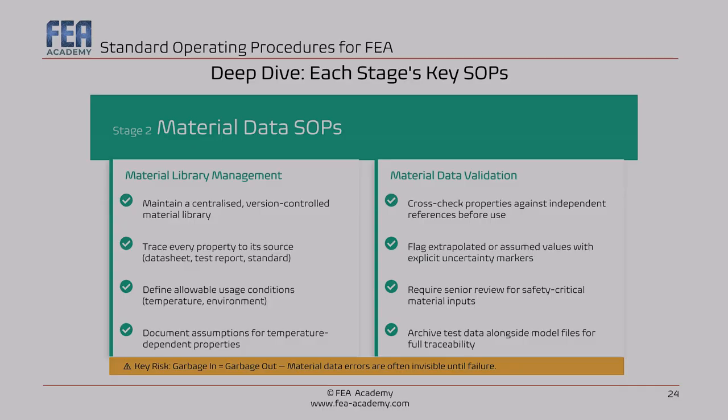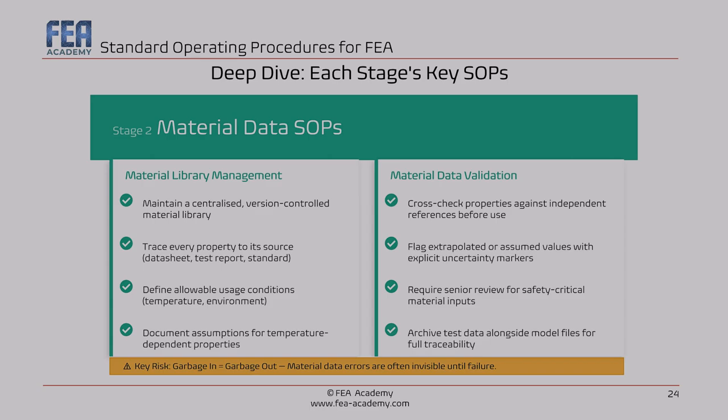Here is what I typically find when I work in FEA with my customers. Material cards that have been copied from model to model for years, with no one able to trace them back to a source document, okay?